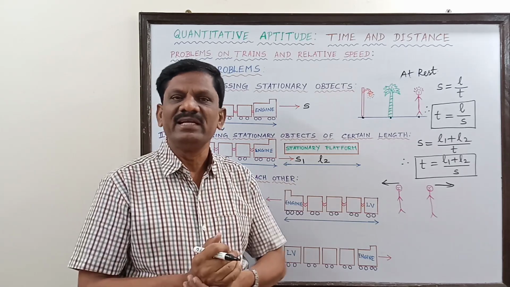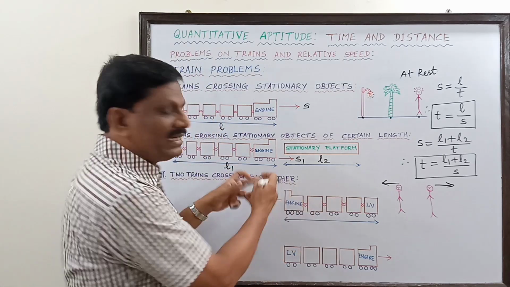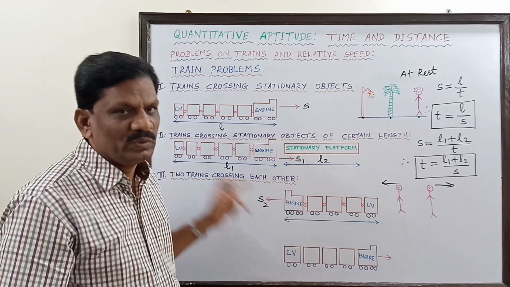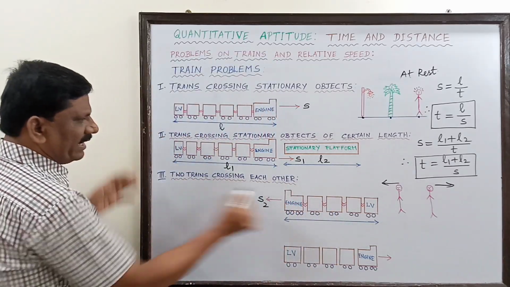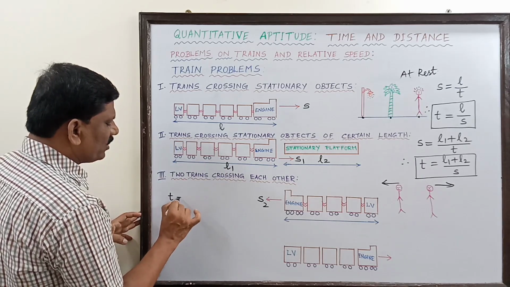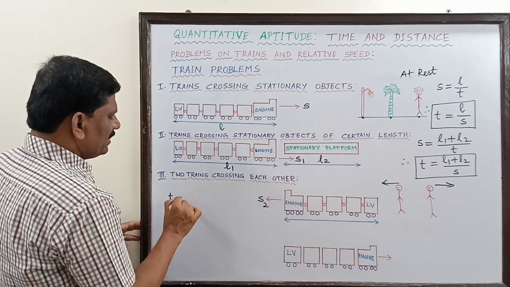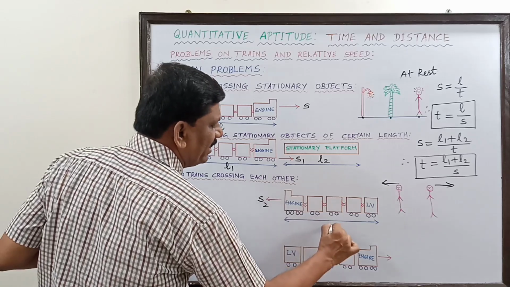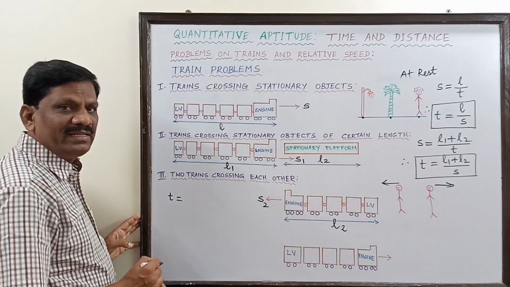Already we have studied relative speed and relative velocity. So the relative speed of both the trains moving in opposite directions will be what? S1 plus S2. Understand? So how much time will the trains take to cross each other? The time taken will be equal to what? Distance by speed. The total distance is the length of the first train L1 plus the length of the second train L2.